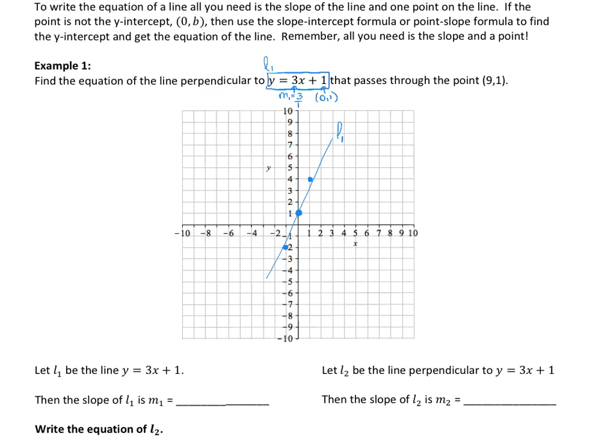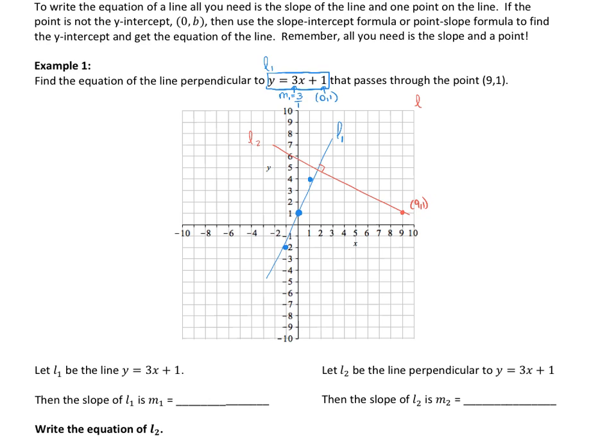I'm going to use red here. That's this point here, (9, 1). I'm looking for the equation of the line that goes through this point and hits L1 at 90 degrees. What is the equation of that red line? I'll call this red line L2.